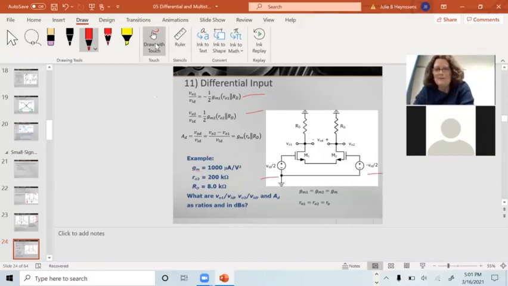The gain of the common source amplifier is negative, so one of these is going to come out negative and one of them isn't. When I add them together to find the differential gain, it's VO2 minus VO1, which is minus a negative, so the two halves add together algebraically and make a positive gm big RO.